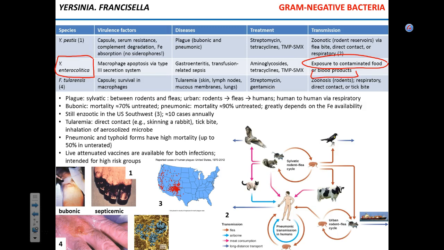So Yersinia enterocolitica is what's sometimes referred to as an orphan disease or neglected disease, meaning that we don't really appreciate the importance of that infection, and it's not on our first 20 possible causes list.